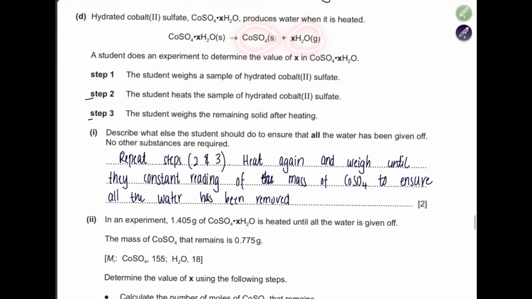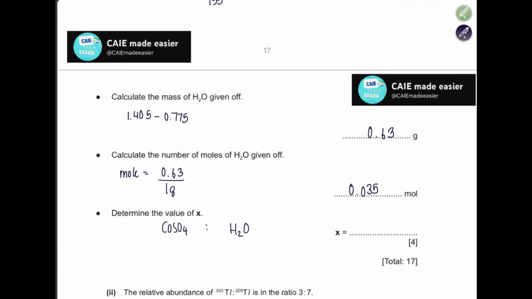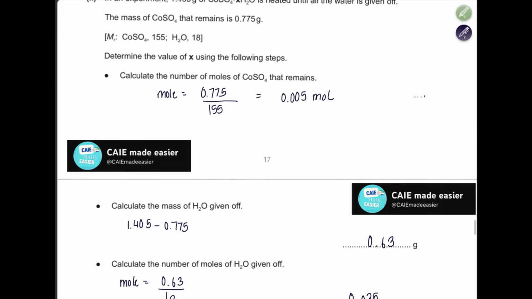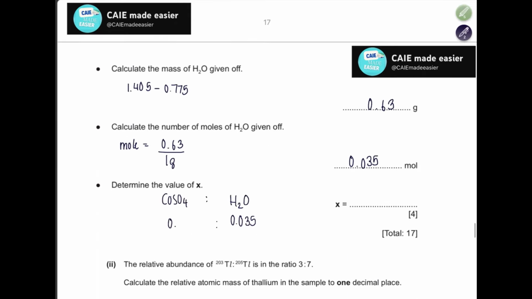We need to find the ratio to find X. Moles are 0.035 and 0.005. Write 1 here and X here. So X is going to be 0.035 divided by 0.005, that is 7.